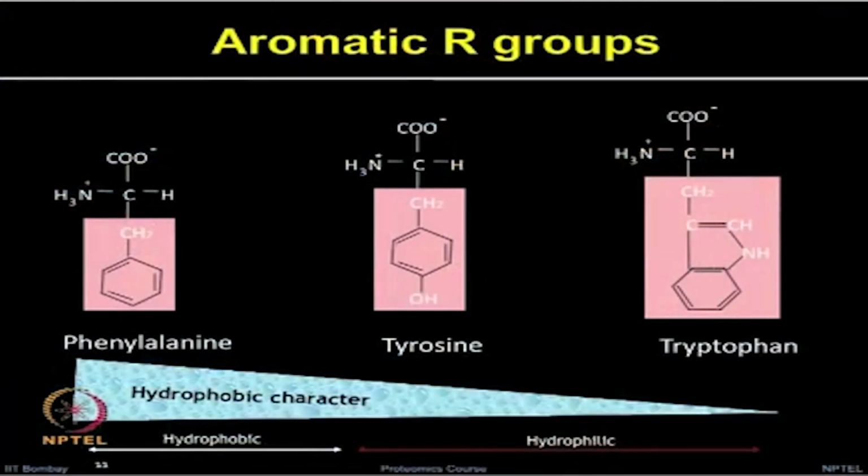Next category is aromatic R groups. In this one, there are 3 amino acids: phenylalanine, tyrosine and tryptophan. Phenylalanine contains phenyl ring, tyrosine has 1 reactive hydroxyl group, and tryptophan contains indole ring, 2 rings which are fused.